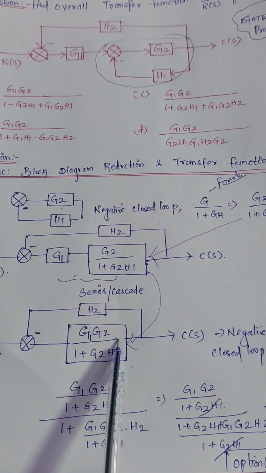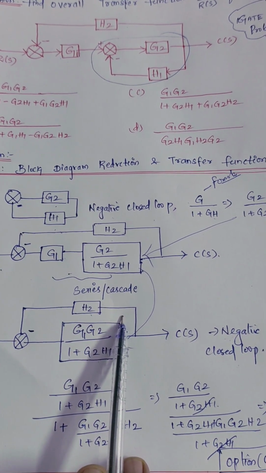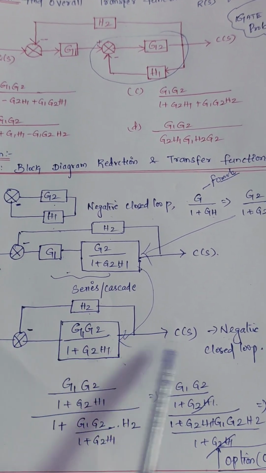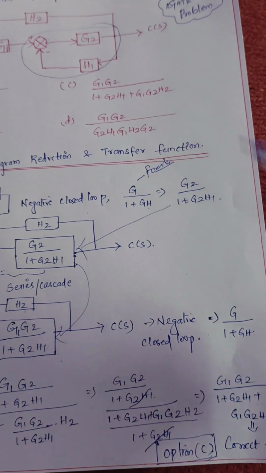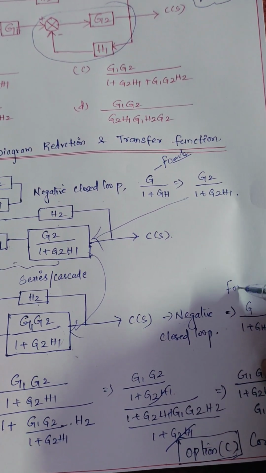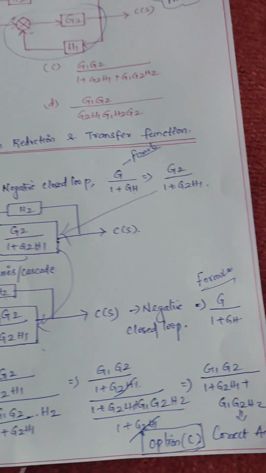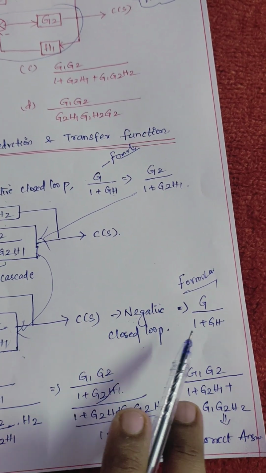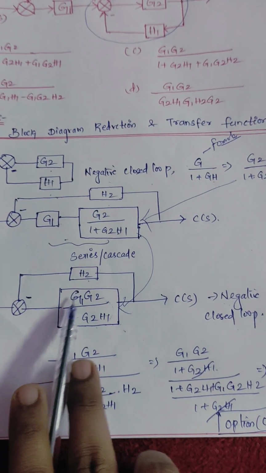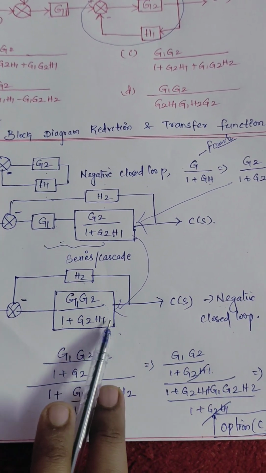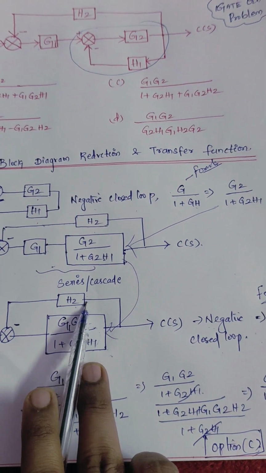I have the answer G1 G2 divided by 1 plus G2 H1, along with H2 with negative feedback. The negative closed loop formula, you know very well: G divided by 1 plus G into H. Here G is represented by this full term, G1 G2 divided by 1 plus G2 into H1, and H is H2.